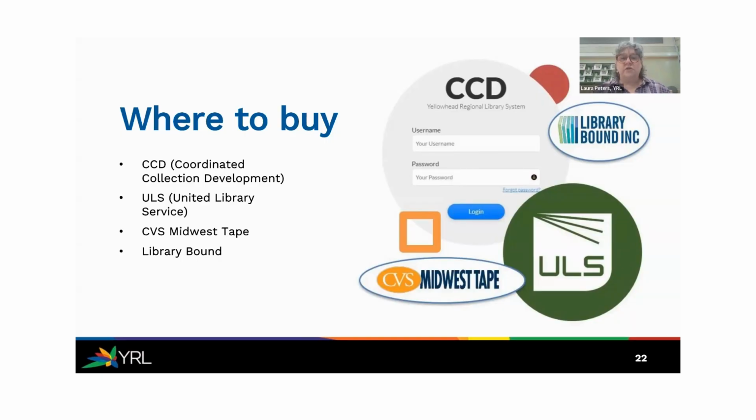So we'll take a little peek into CCD, but I highly recommend that if you don't have a CCD login, please contact us. You can always contact us anytime at askyrl@yrl.ab.ca. Again, that's askyrl@yrl.ab.ca.